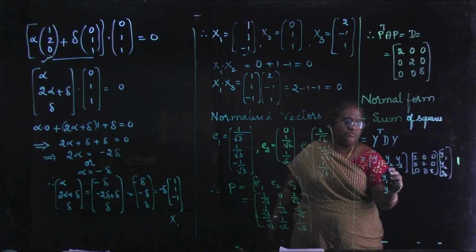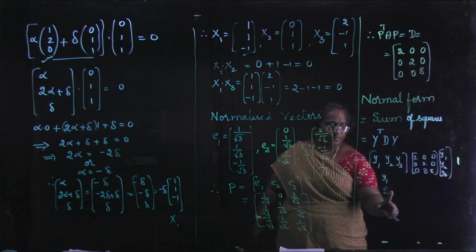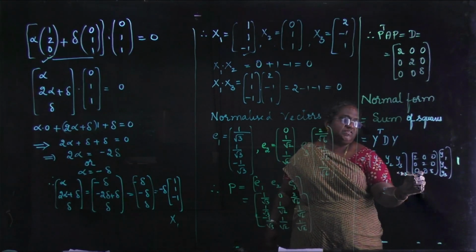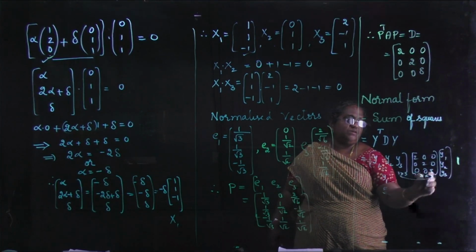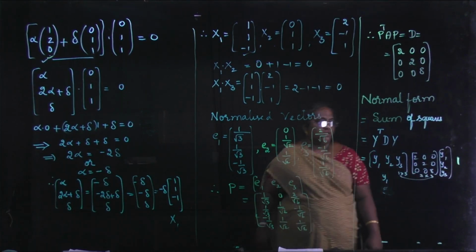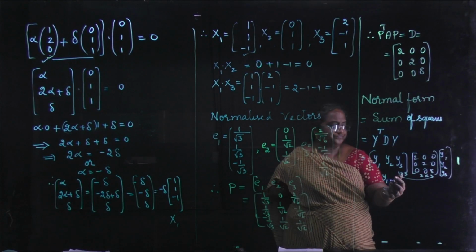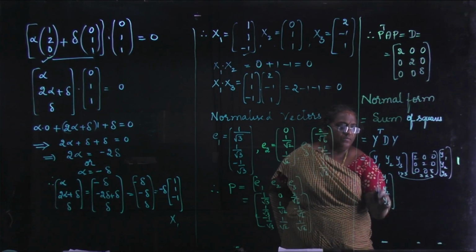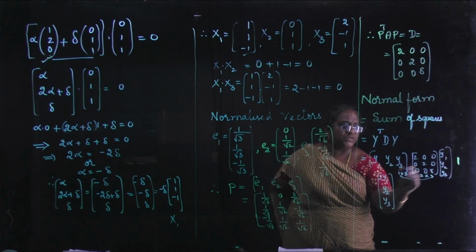Here it is a 1 by 3 matrix and this is a 3 by 3 matrix. So we get a 1 by 3 matrix. So what do we get here? Y1, Y2, Y3. So Y1, 2Y1. This one we get 2Y2.